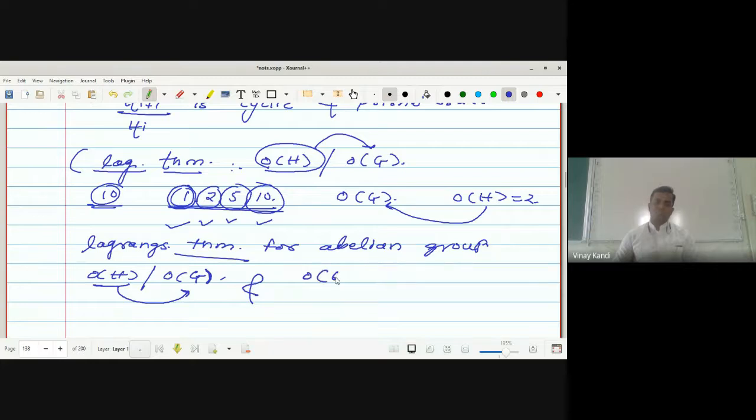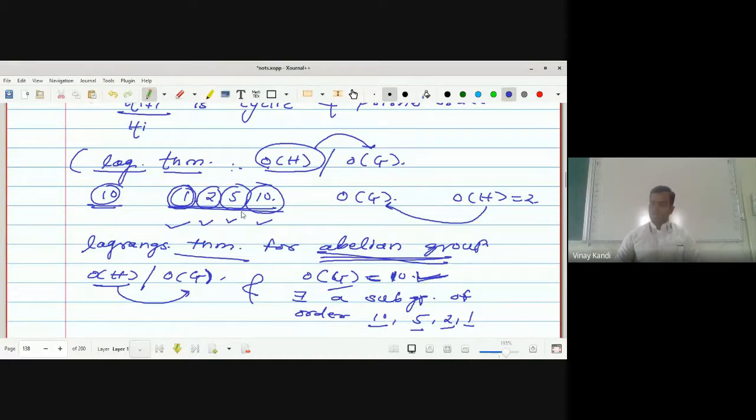Suppose, for example, the order of the group is 10, then there exist subgroups of order 10, 5, 2, 1. That means a subgroup of order 10 exists, which is itself, of order 5 exists, of order 2 exists, and of order 1 exists, for an abelian group.